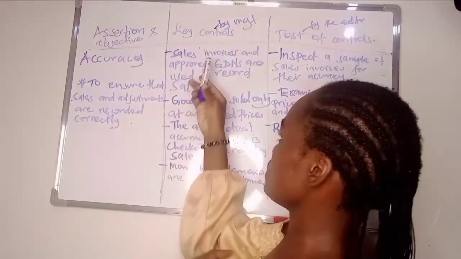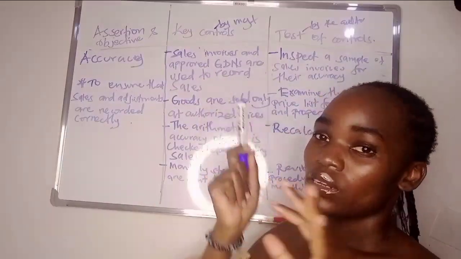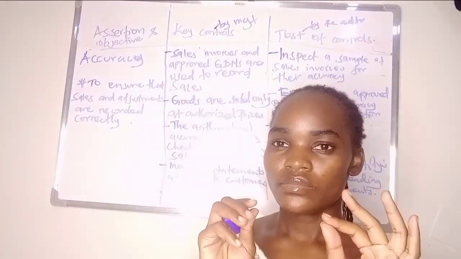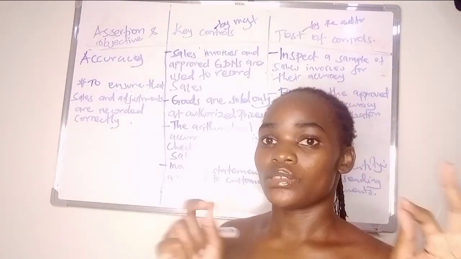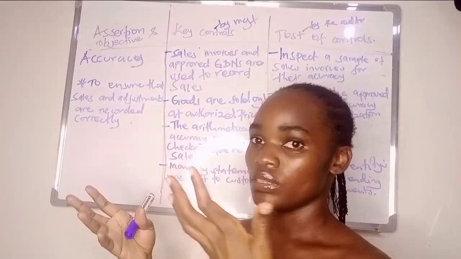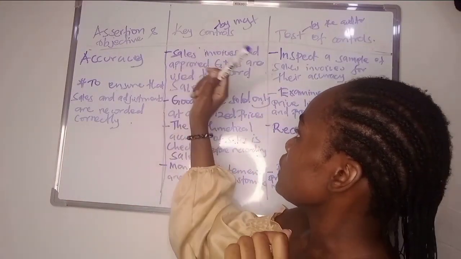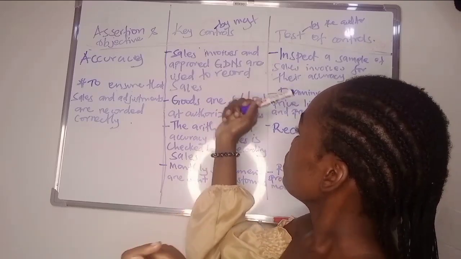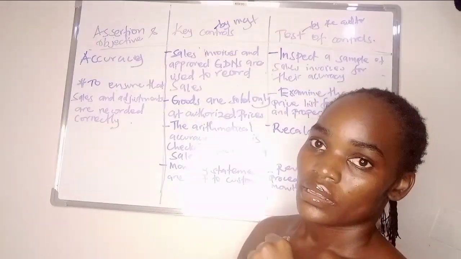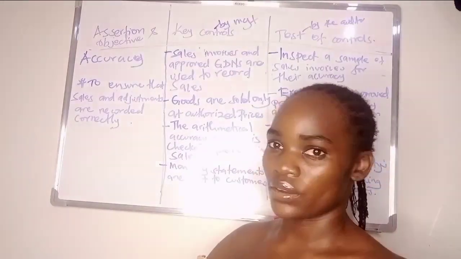They use the sales invoices and approved goods delivered notes that show that the order was actually delivered. The customers received the goods. So they use sales invoices and approved GDNs to record sales. That will help them to make sure that the figures that were recorded are accurate.